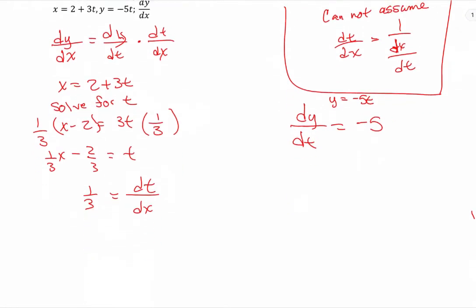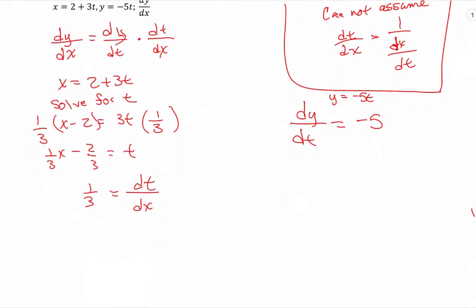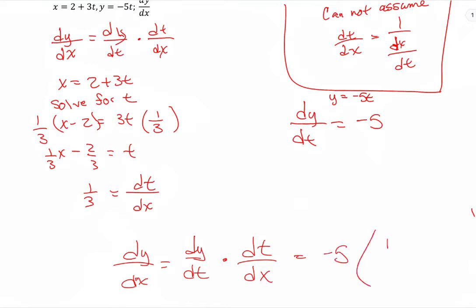So now knowing all of that information, I can find that dy/dx equals dy/dt times dt/dx, which is negative 5 times 1/3. So that equals negative 5/3, which is pretty simple. All right?